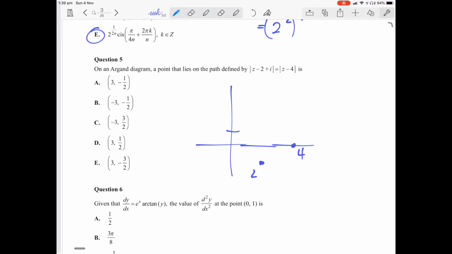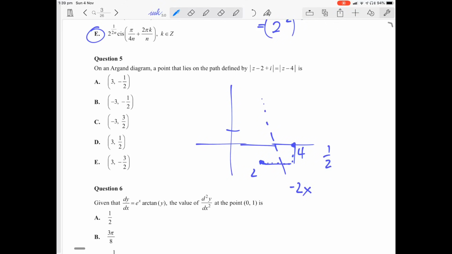The gradient there would be 2 across and 1 up, which is a half. So the perpendicular gradient would be negative 2x plus something. So we can use the midpoint of that. What is the midpoint? 2 and 4, the midpoint's 3. And that was 1. So this has got to be negative a half.